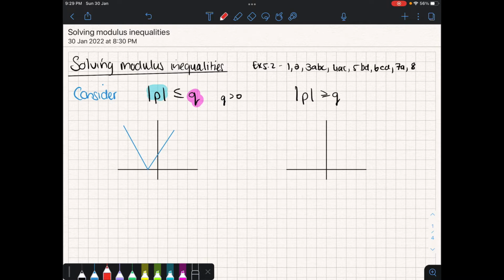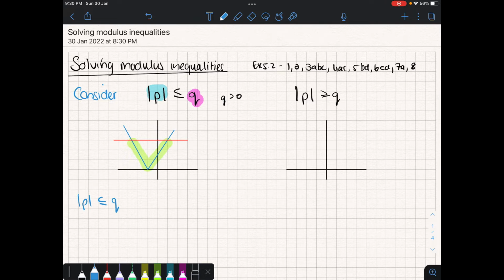So Q is some line, right? And if we imagine this inequality, we can see the places where the function will be less than the line will be between the two intercepts. And so what we can do is generalize this and say, if we have some modular function and we are asking where it is less than some constant, the easiest way to solve this is to say we're looking for the values between the two intercepts.